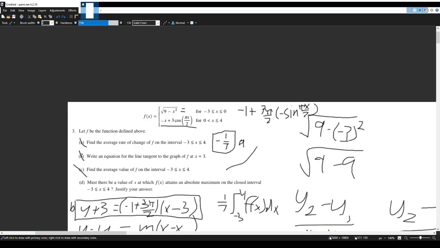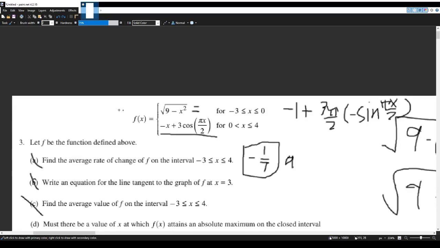The only way I can think is if it's an asymptote, right? Or a hole, where the hole would be the maximum, but the points just approach the maximum. But let's find out. To find out if this is continuous, we have to plug in 0, this transition number, into both pieces and see if we get the same value. That would be root 9 minus 0 equals 3.